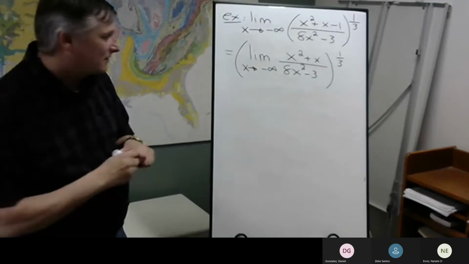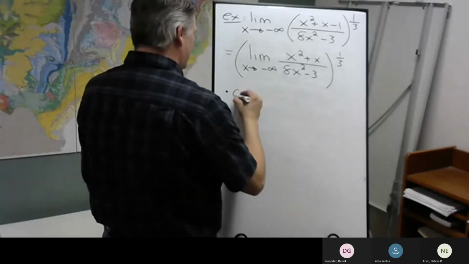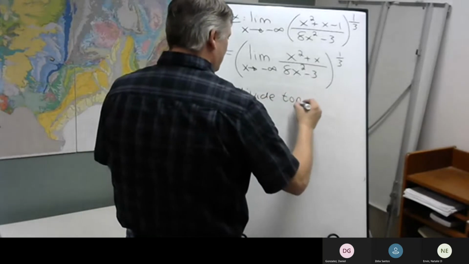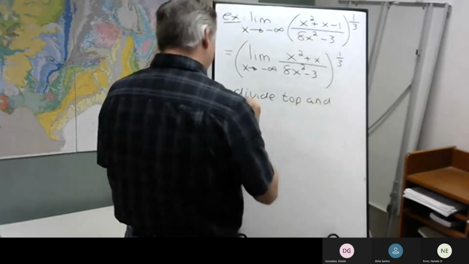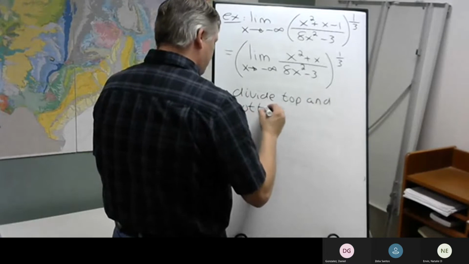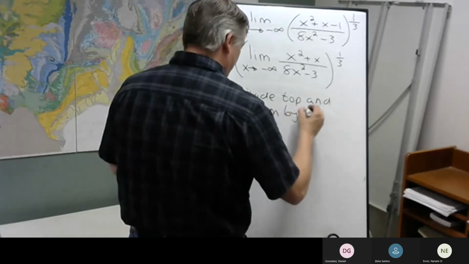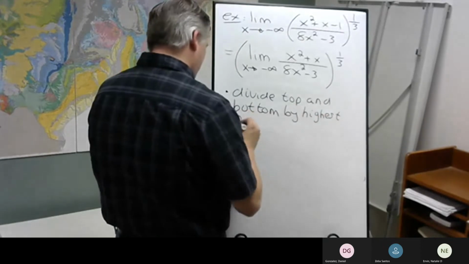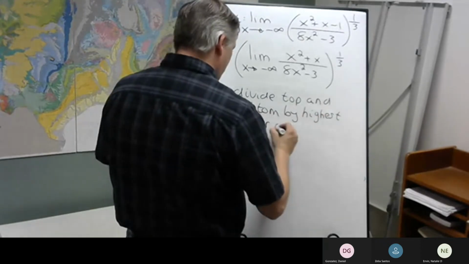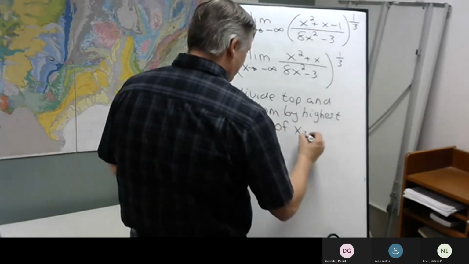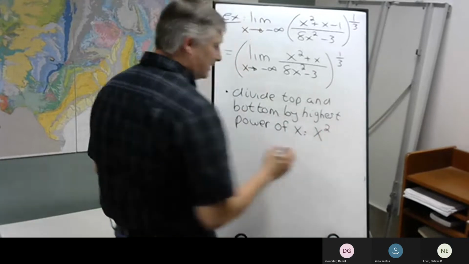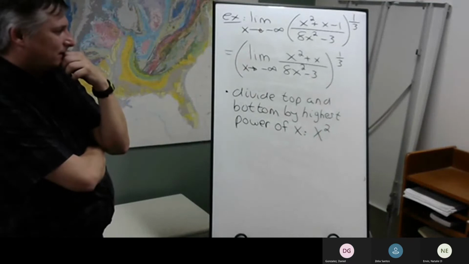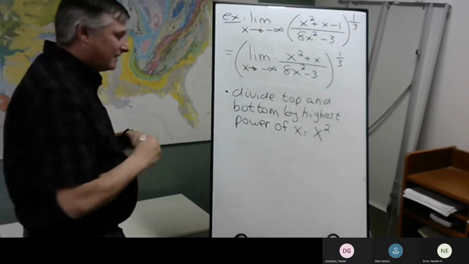Now what we're going to do is again divide top and bottom by the highest power of x. It's x squared. So what do we get when we do that?